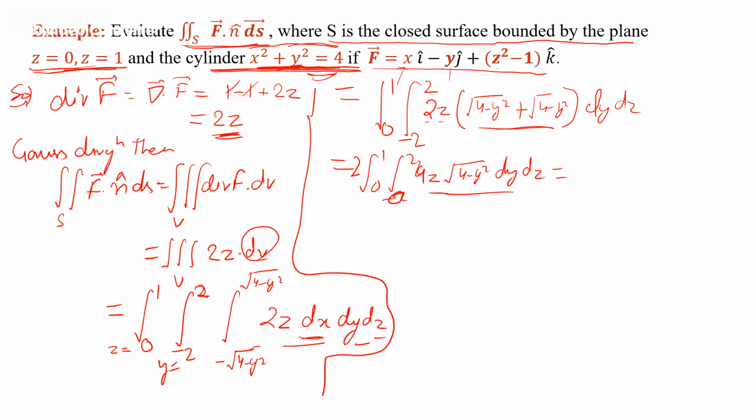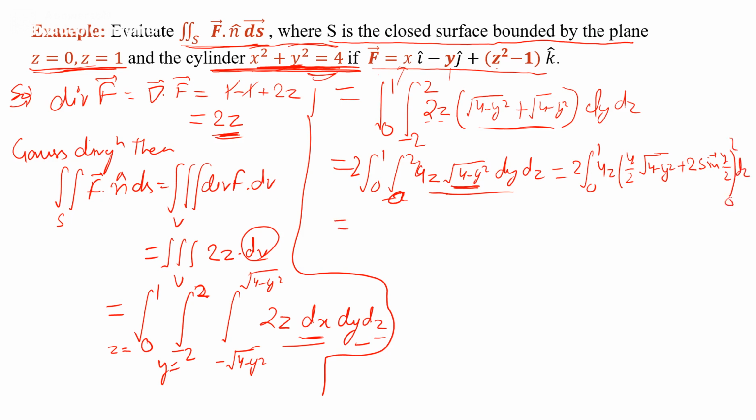Now apply the integration. So 2 times the integral from 0 to 1, and the integration of root of 4 minus y square with respect to y, where 4z is constant, is y by 2 times root of 4 minus y square plus 2 sine inverse of y upon 2. Apply the limit 0 to 2.